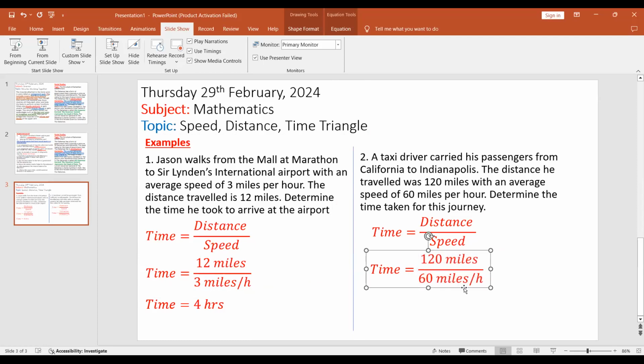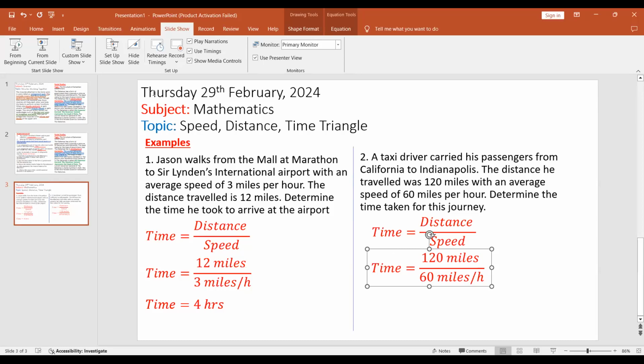So the time taken is going to be 120 divided by 60. You all know how to divide that? How many times does 60 go into 120? Twice. Very good.